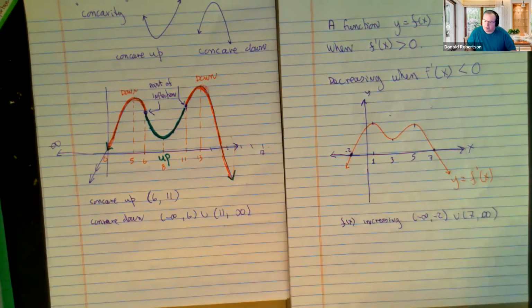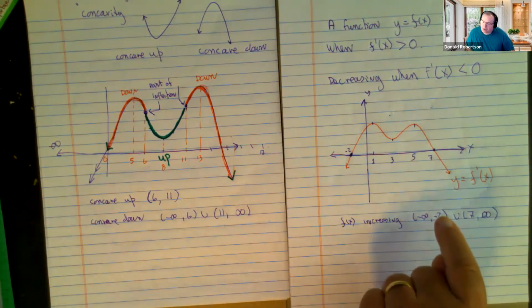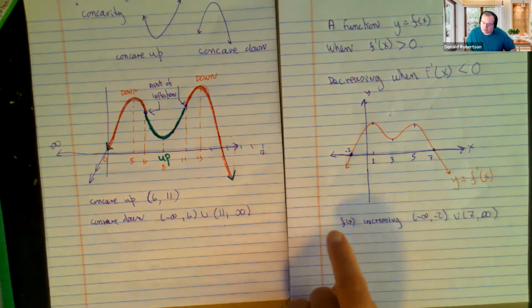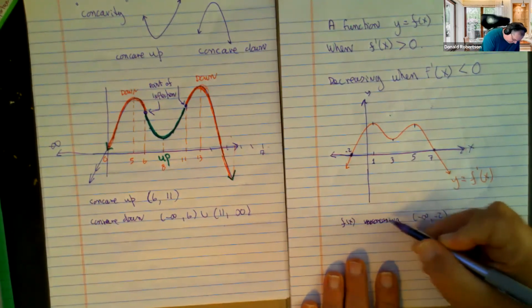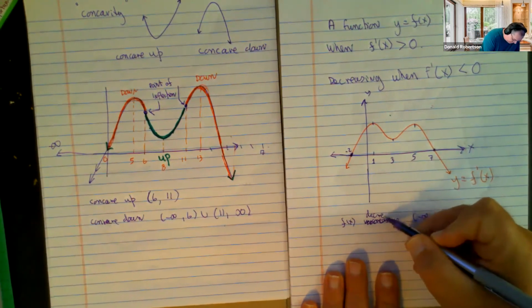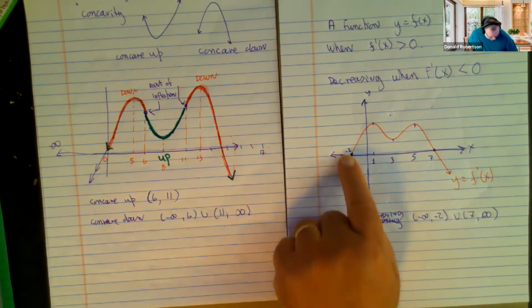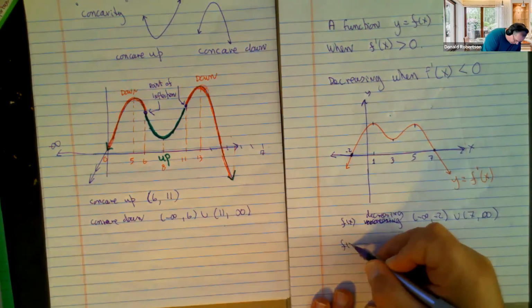Are you comfortable about how this graph allows me to easily tell when a function is increasing and when it's decreasing? I just got that back to front, didn't I? There we go. And a function is decreasing when its derivative is negative. And now I can do the one I thought I was doing.